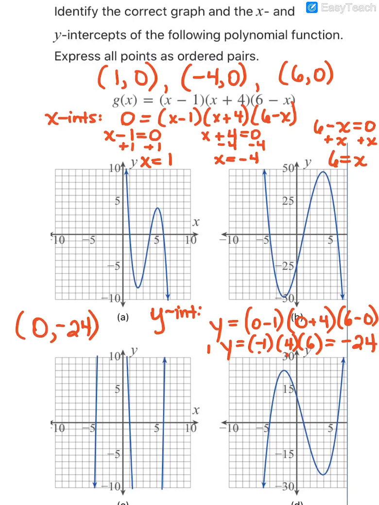Now, notice that all of these graphs have what I consider end shapes. Some are forwards ends, like this one, and some are backwards ends, like this one. And so when you're dealing with graph shapes, that end shape comes from having a degree, or your highest power of x, being an odd number.